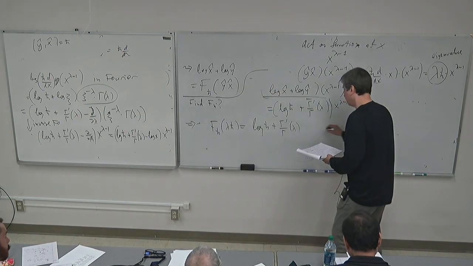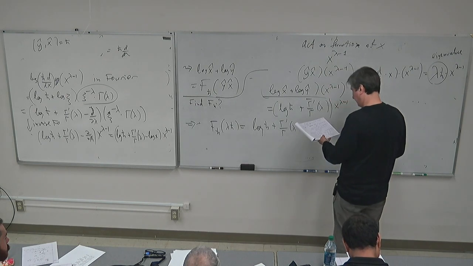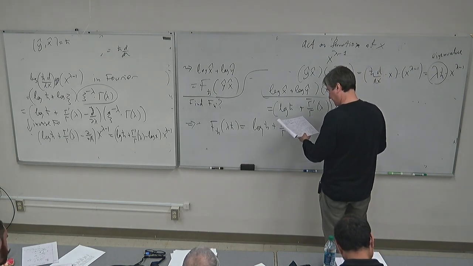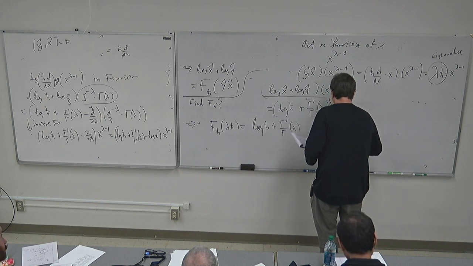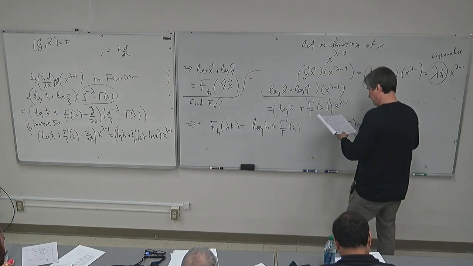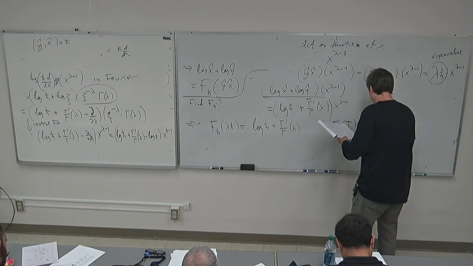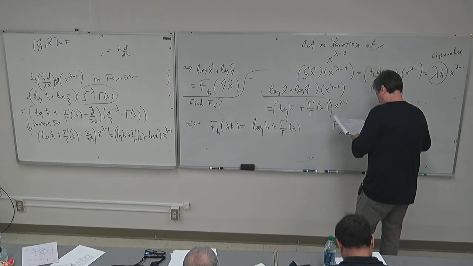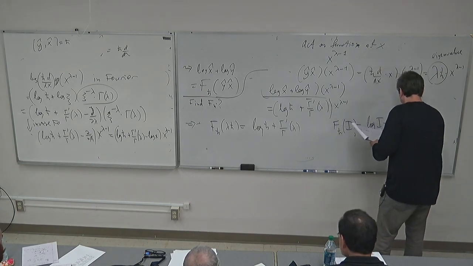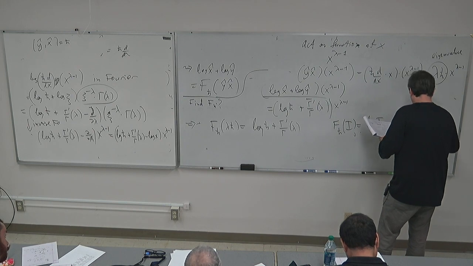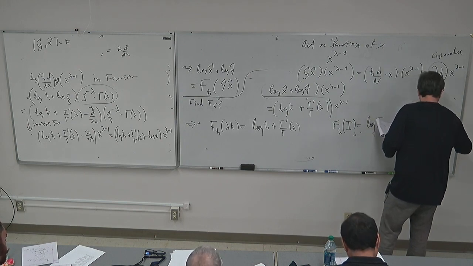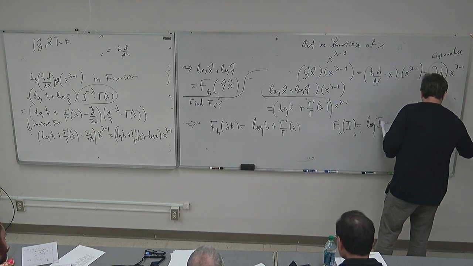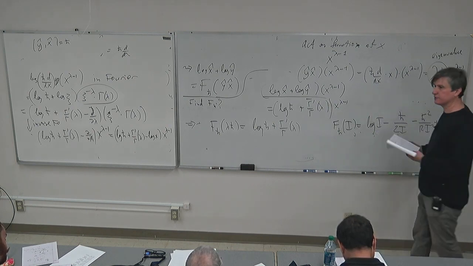And then if you substitute the asymptotic expansion of lambda, you see that f h bar of I is equal to log I minus h bar over 2I minus h bar squared over 12I squared plus h bar to the fourth over 120I to the fourth, and so on. So you get Bernoulli numbers, Stirling formula.